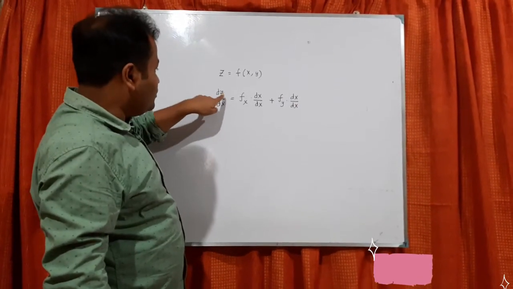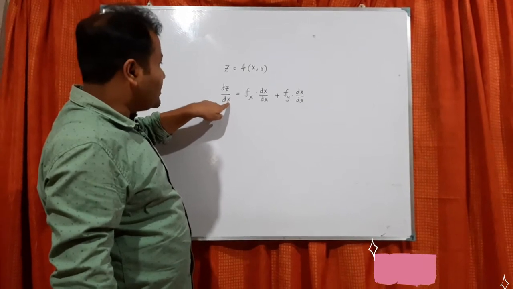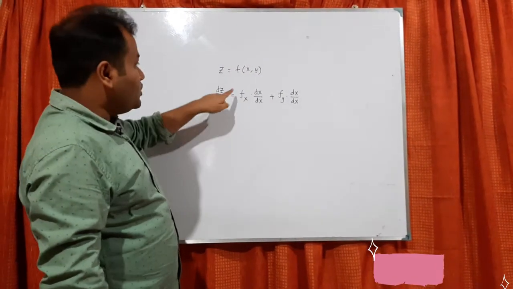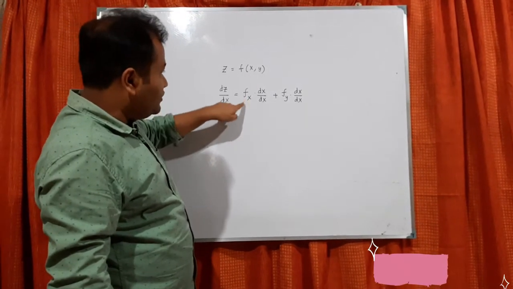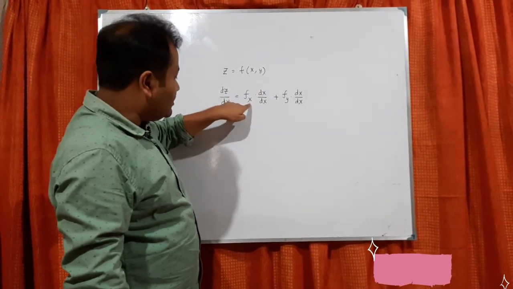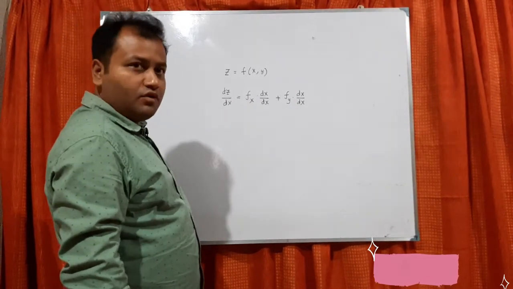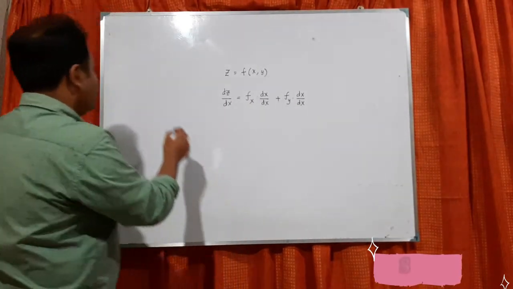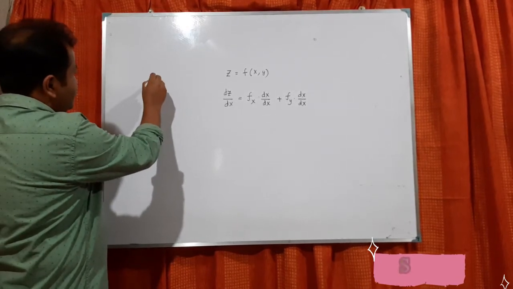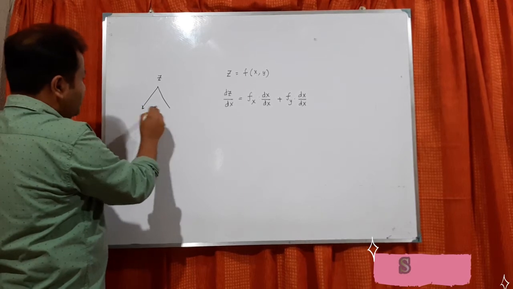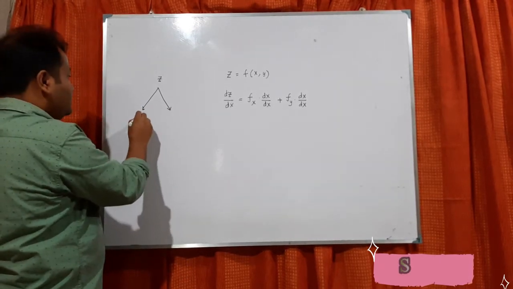That is, if you want to take the derivative with respect to some particular variable of a mixed function like this, you have to take the derivative individually, and then the derivative of each argument with respect to x. So basically there is z, a function where two variables are involved, x and y.